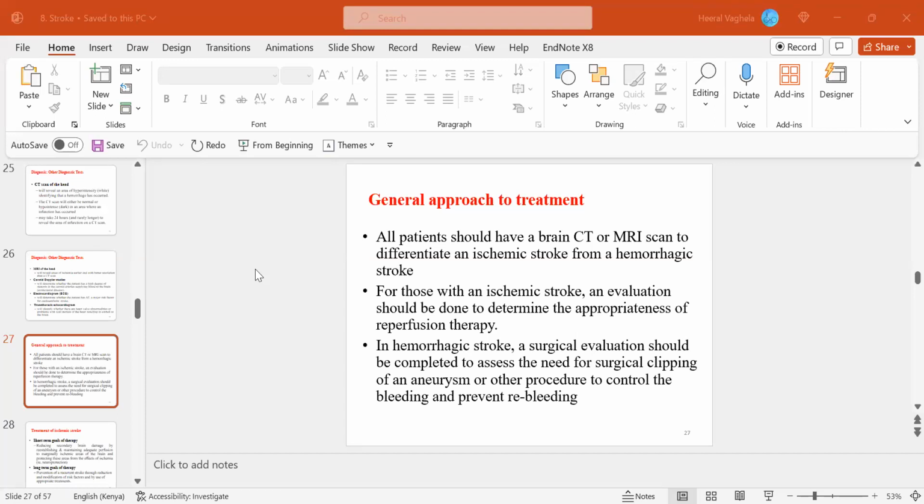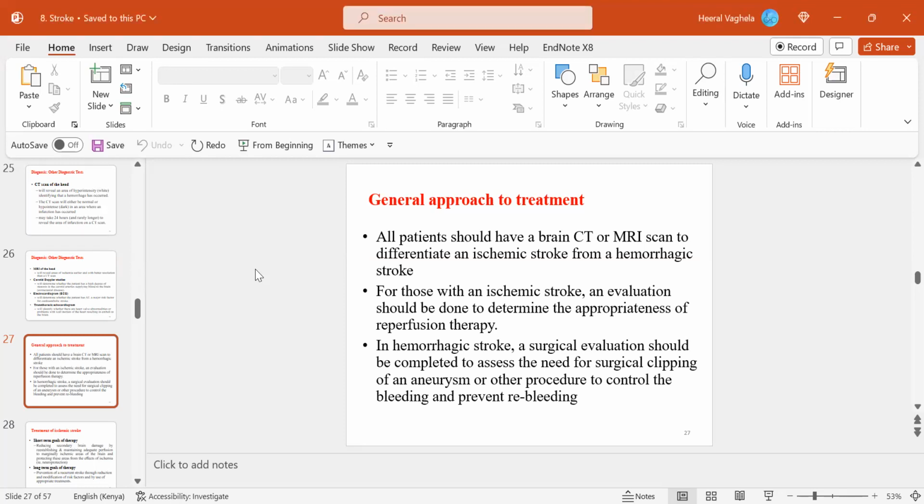But once someone already has the stroke, now acutely, for ischemic stroke specifically, you want to break down the clot. We use alteplase, usually the first line. But there is a criterion for giving alteplase within the first 4.5 hours.